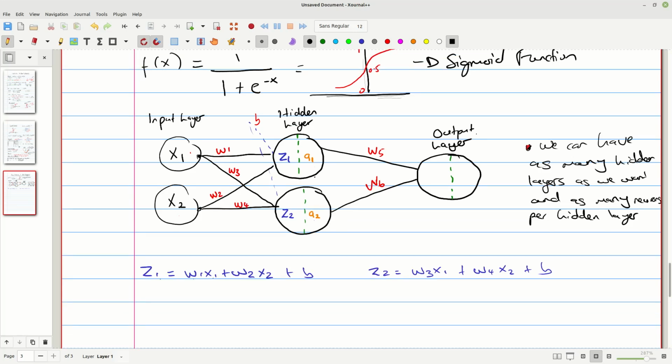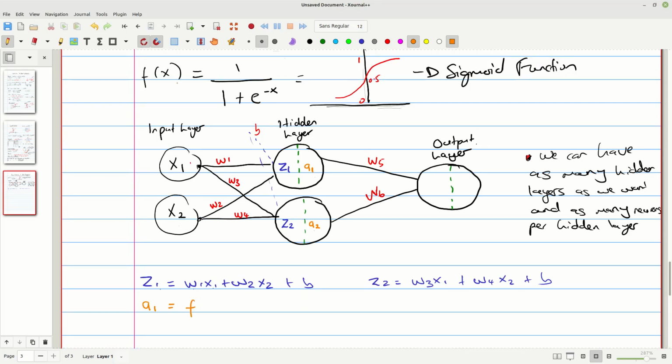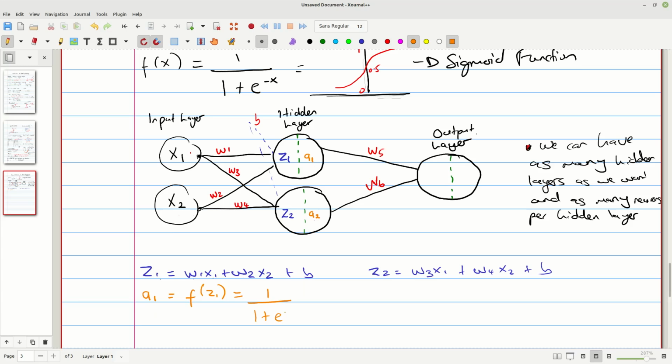So we can say A1 is equal to F of Z1, and this is equal to 1 over 1 plus e to the minus Z1. That's how we make the computation for A1 over here.